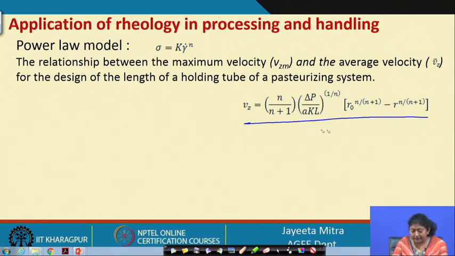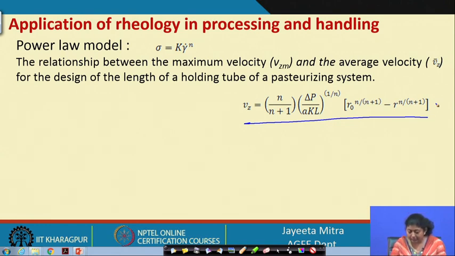Okay. So, this derivation is done in momentum transfer. All of you who are taking that course or already have done that may know this thing. So, here we will just focus on the application, but you can get this in any unit operation or momentum transfer book, for example, Geankoplis and McCabe-Smith.